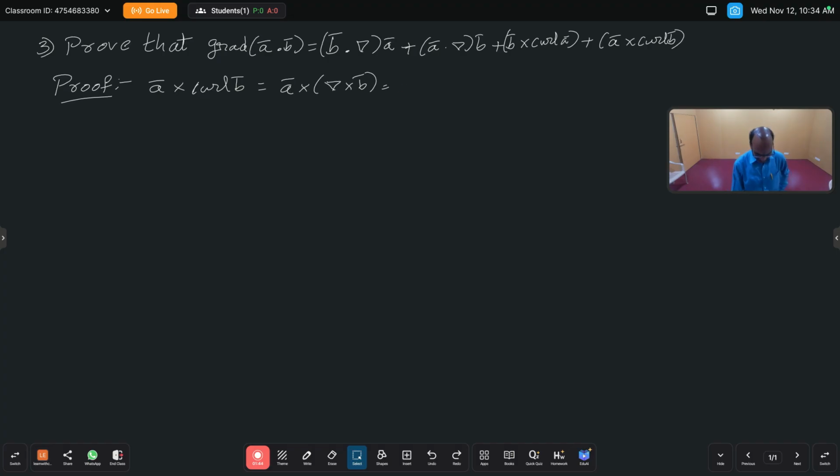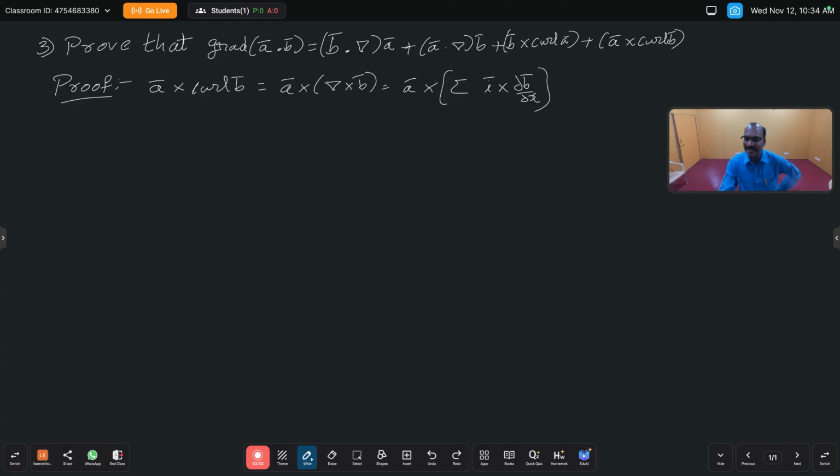So a bar cross, inside the brackets, del cross b bar can be written as a summation of I bar cross dou b bar by dou x.